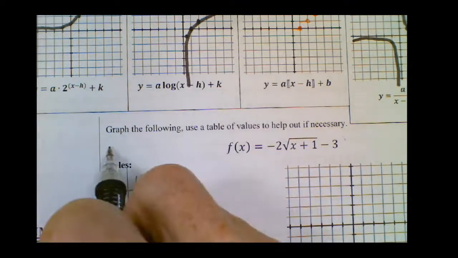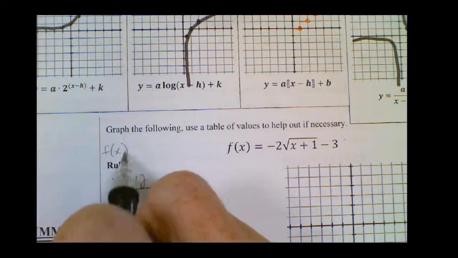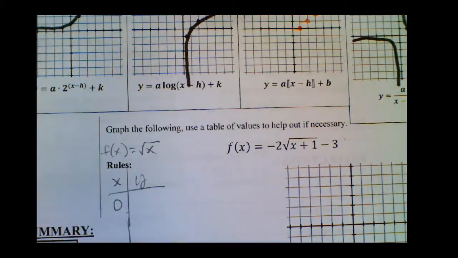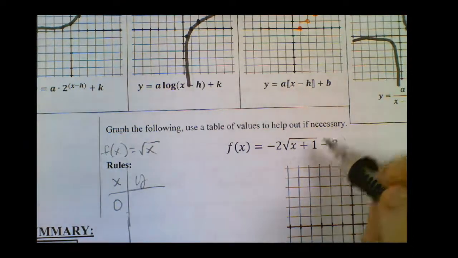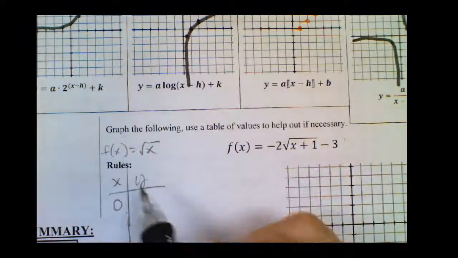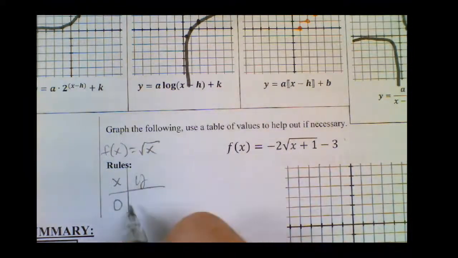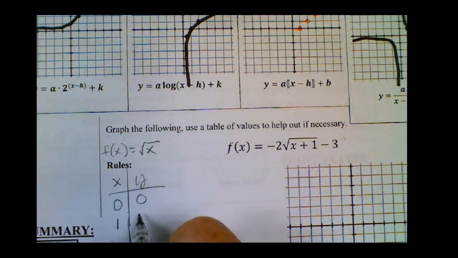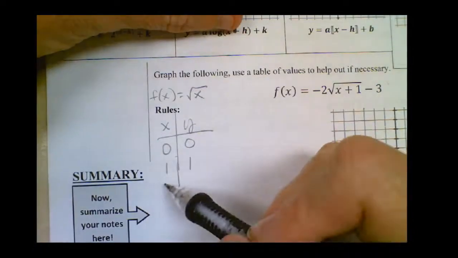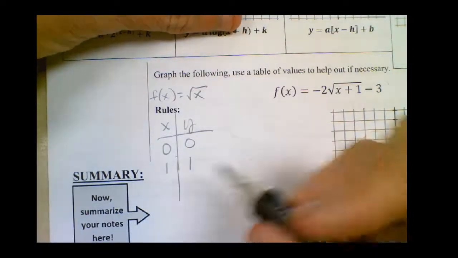So parent function is just square root of x, okay? Let's graph it first, and then we'll get over to this. Square root of 0 is 0. Square root of 1 is 1. We can't do square root of negative 1 because we can't take the square root of a negative. There is a square root of 2, but it's a decimal, so I don't want to deal with that.